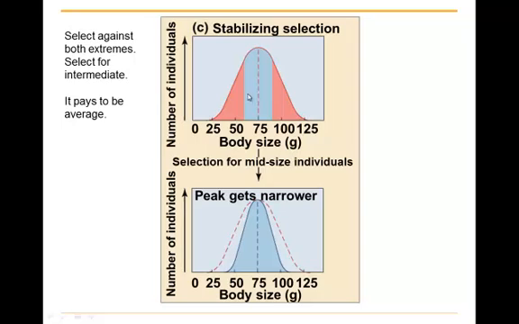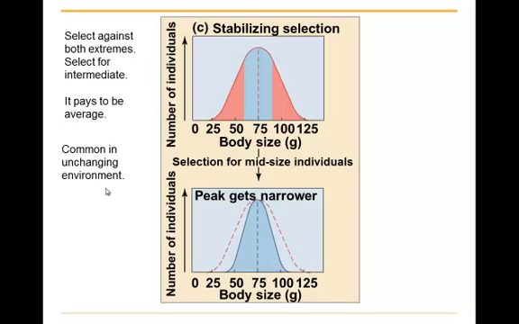So being average is what is selected for, while the extremes of phenotype are selected against. And finally, we can describe the environment in which stabilizing selection would likely occur: an unchanging, stable environment. If we have an environment that is not changing very much, then we would see stabilizing selection, which would select for the intermediate form.